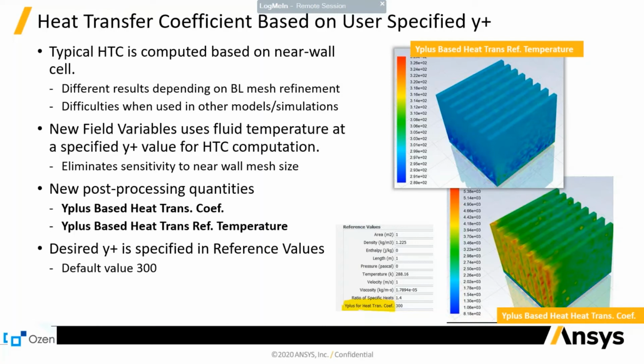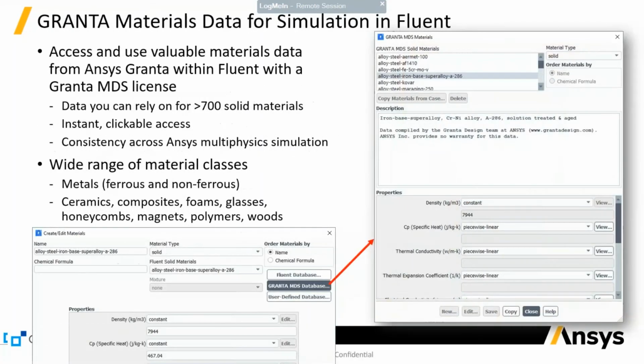And based on the temperature and velocity at Y plus of 300, you will be able to calculate the convective heat transfer coefficients. This is the default, which has been modified in the new version, and 300 is put there. But if you're not interested, you can modify it. But that's a good first assumption. And the results are not sensitive to the mesh, which is the most important thing and the point of this modification.